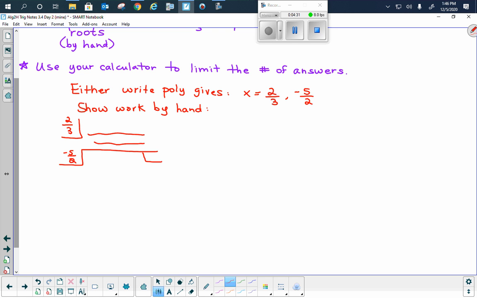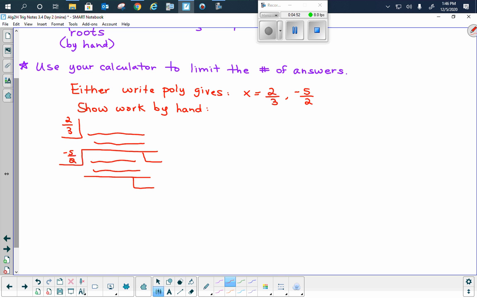The order does not matter. Your work might be different than your friends' or mine if you put the negative 5/2 and the 2/3 first, if you flip-flop that order. But in the end, our final answer should be the same. So there's your lines of work, your boxed remainder, and again, that has to be 0.